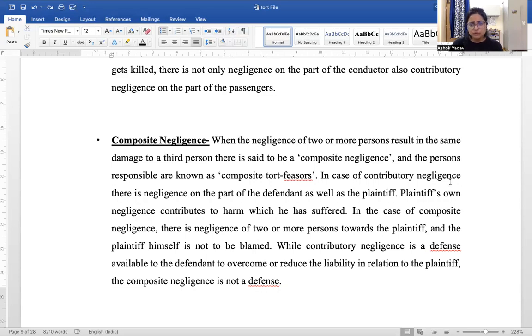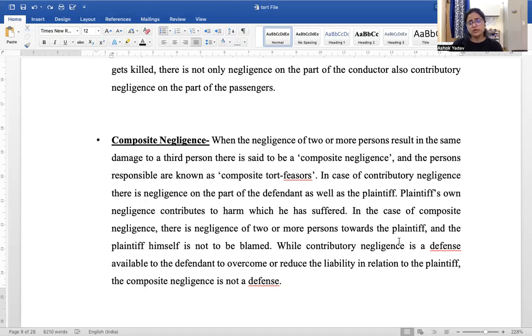In the case of contributory negligence, there is negligence on the part of the defendant as well as the plaintiff. The plaintiff's own negligence contributes to the harm which he has suffered, right? In the case of composite negligence, there is negligence of two or more persons towards the plaintiff, and the plaintiff himself is not to be blamed.